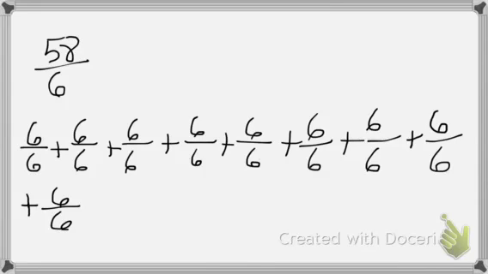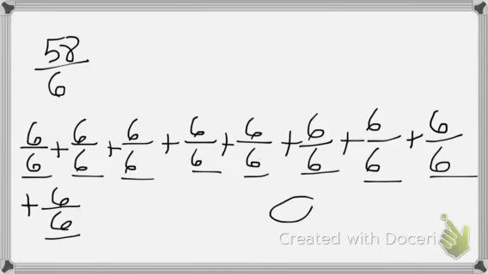So how many more sixths would I need to go from 54 sixths to 58 sixths? Right now I've got 1, 2, 3, 4, 5, 6, 7, 8, 9 holes. So you know your mixed number is going to have 9 as a whole number.